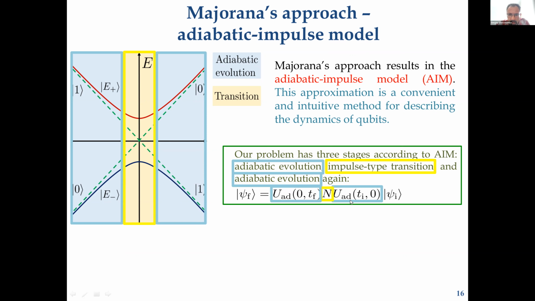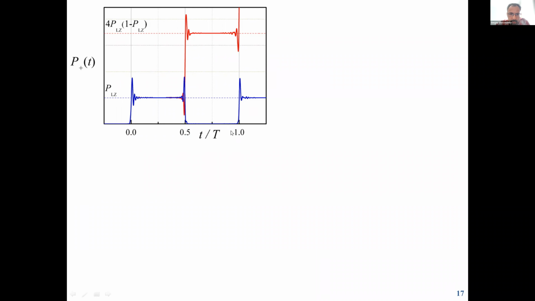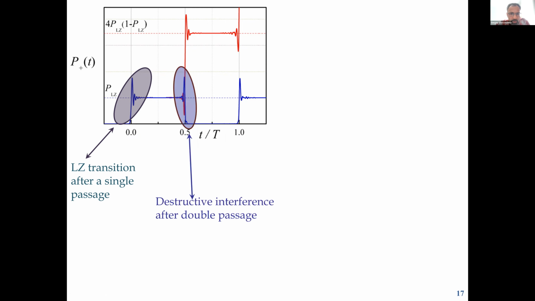I advertised that we prepared this for publication. And this is the visualization. Upper level qubit occupation versus time in units of 1 period if the system is driven periodically from left to right and further. Single passage Landau-Zener excitation with the probability given by the formula which I've shown you.